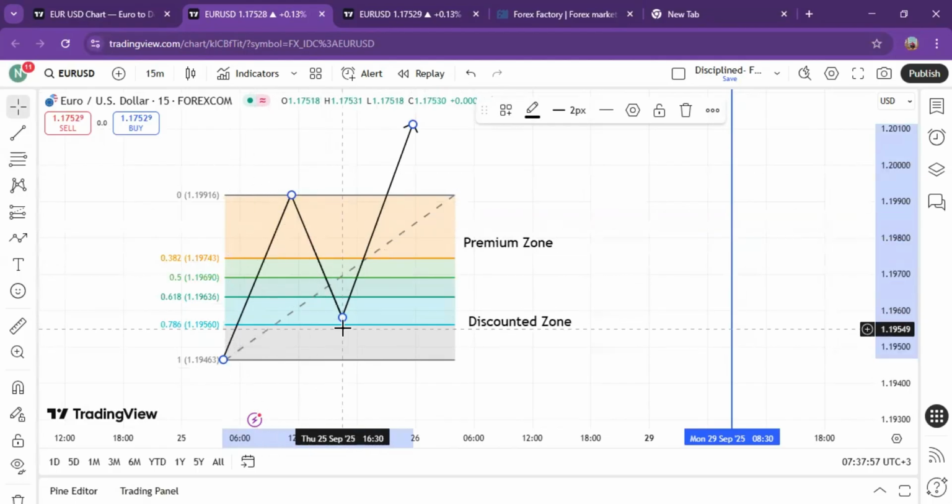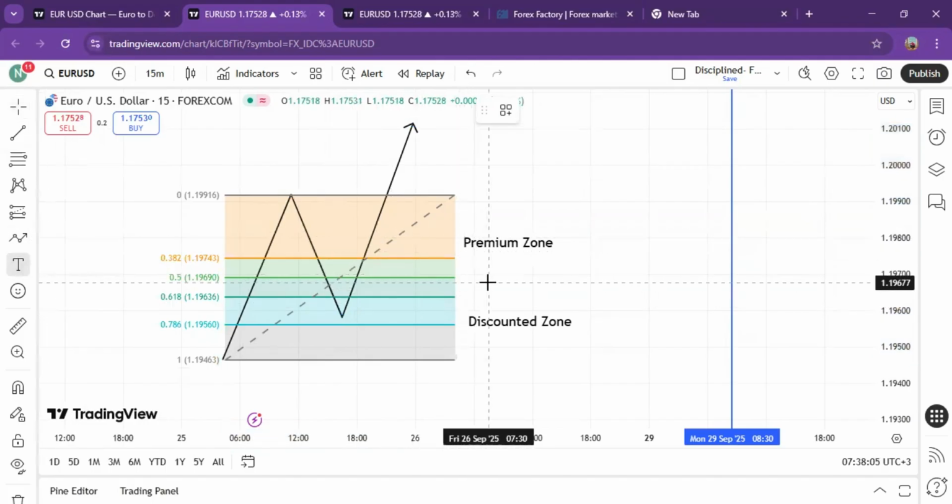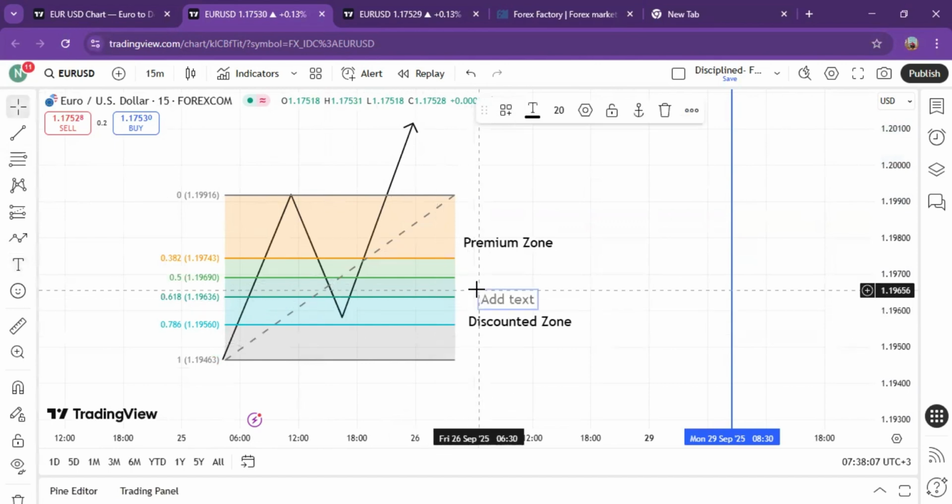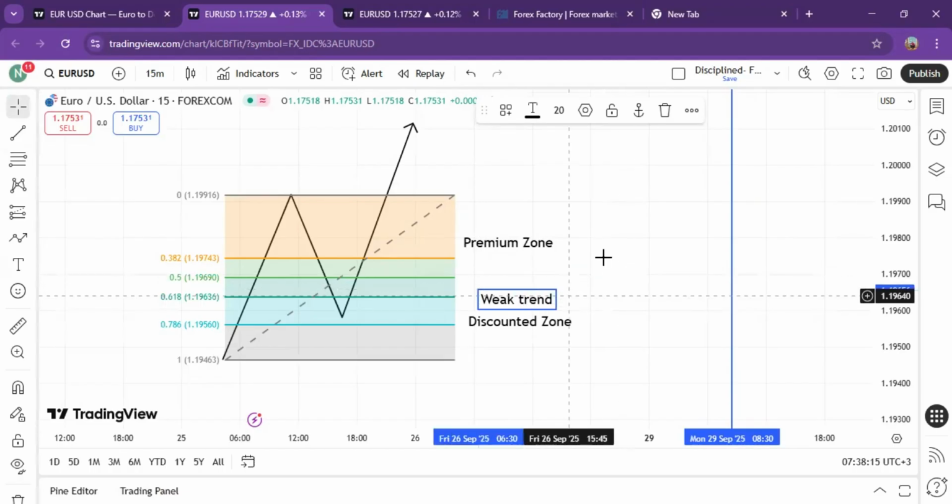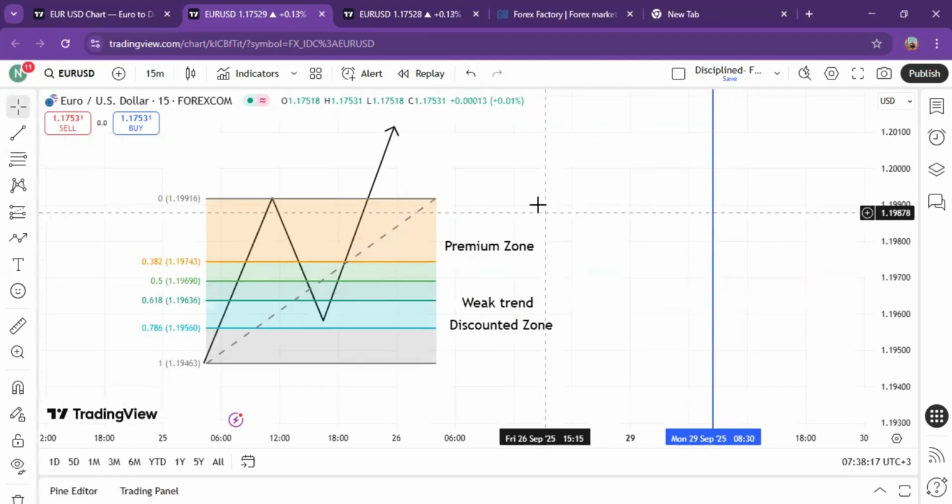This is a deep retracement, and this is out of a weak trend in the market. So this one signifies a weak trend in the market.